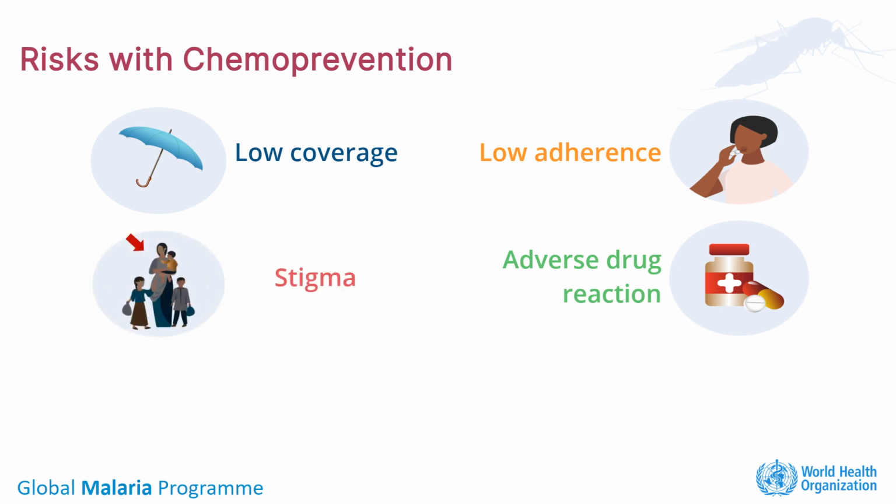In TDA programs, there is a risk of stigmatizing groups that are asked to participate. These groups may already be socially marginalized if they are refugees, migrants, or ethnic minorities. Programs should avoid implementing TDA in ways that could add to the social stigmatization of those most at risk of malaria in areas approaching elimination.